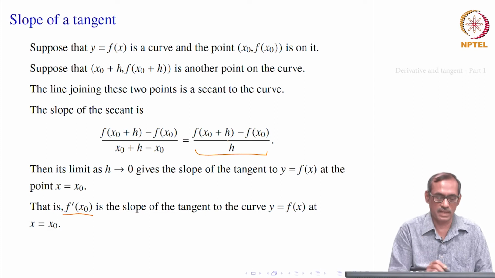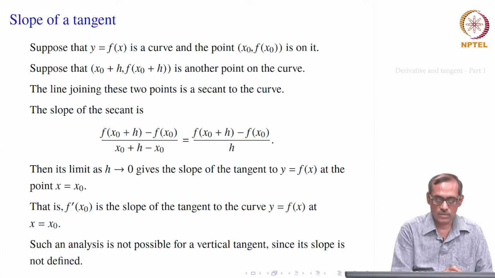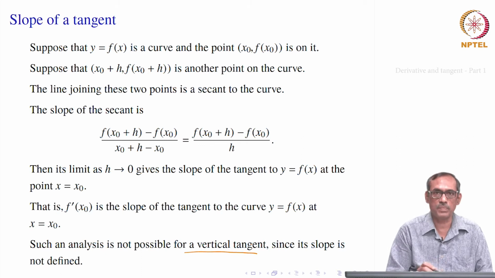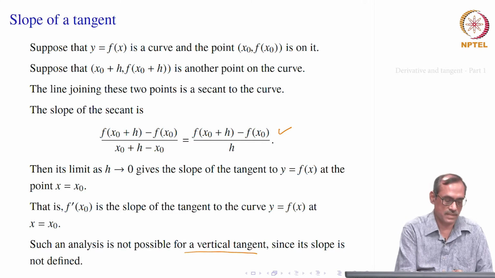So, that means a vertical tangent. That is the case which is not covered here in differentiability. For a vertical tangent, this will fail and its slope is not defined. If you take the slope in this way, by this definition, then it will not be defined. So, you have to take that into consideration while considering tangents.